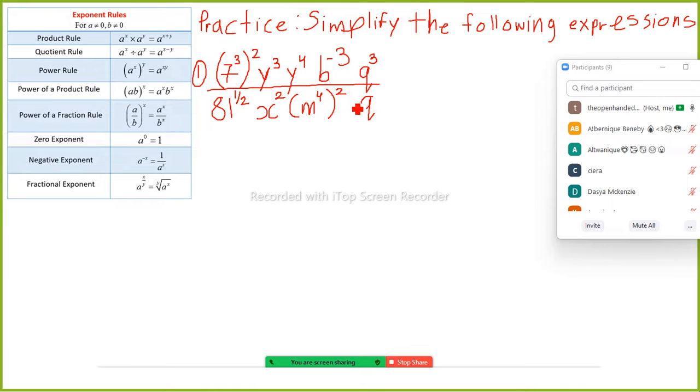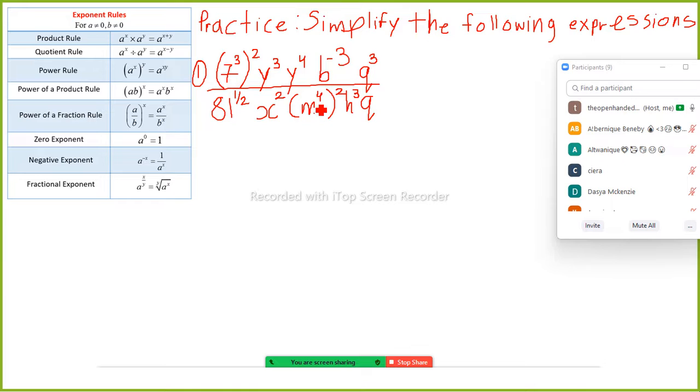And let's say we have h to the power of 3. All right, so this is a lot in one question. So I think I can leave it here for this one.